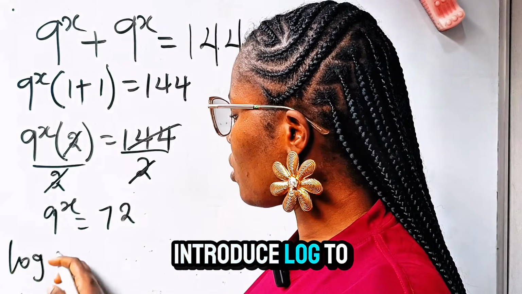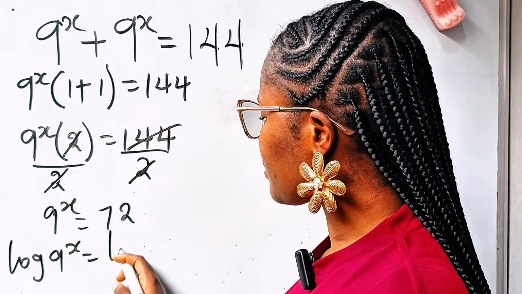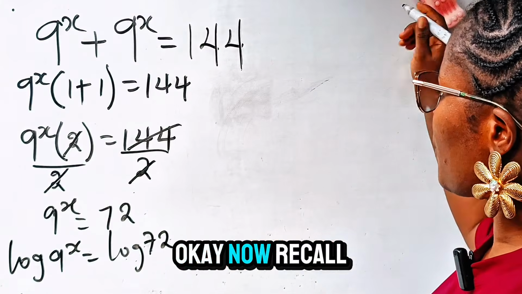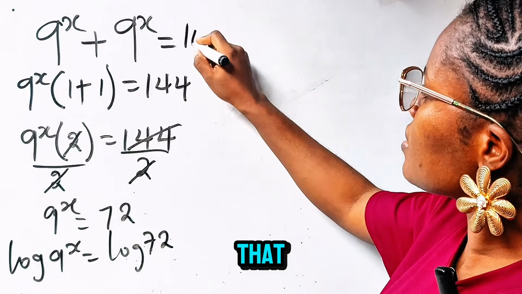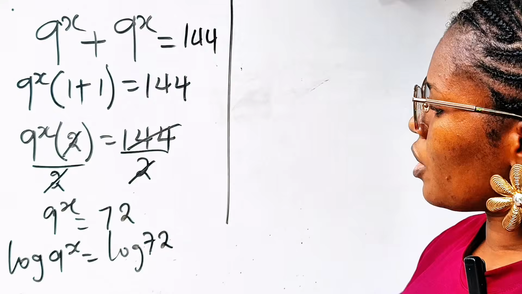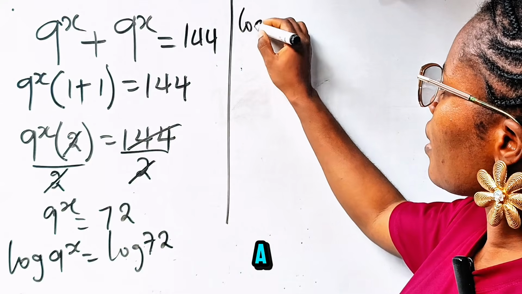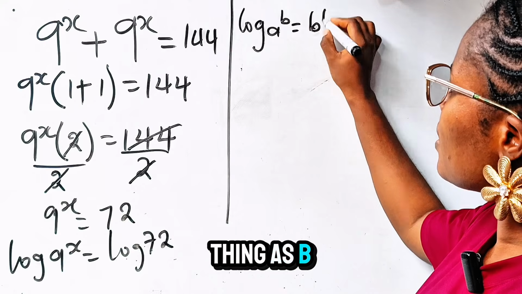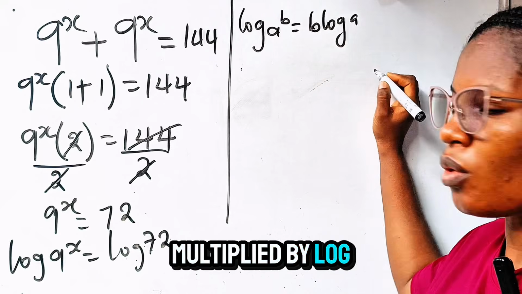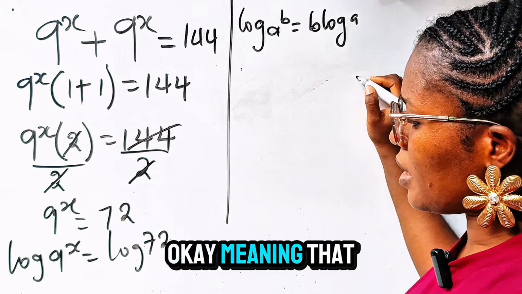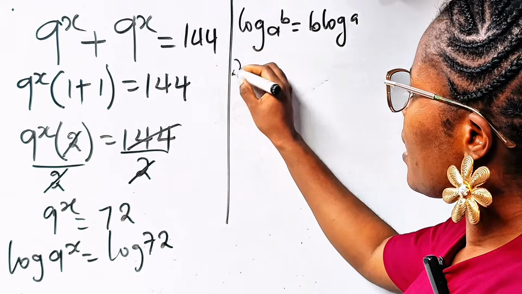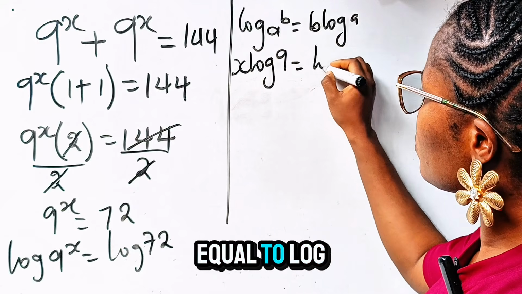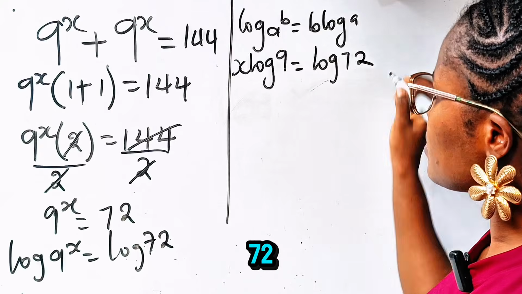If we introduce log to both sides, now recall that log a raised to the power of b is the same thing as b multiplied by log a, meaning that you can write this as x multiplied by log 9 is equal to log 72.